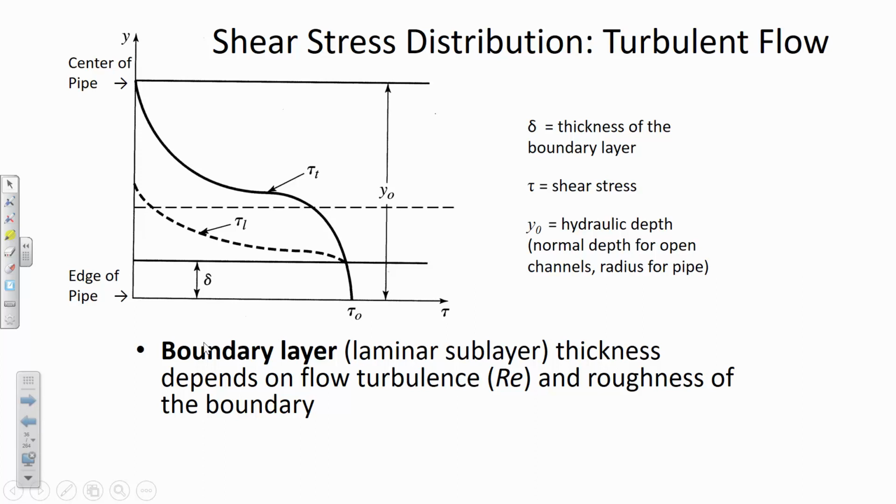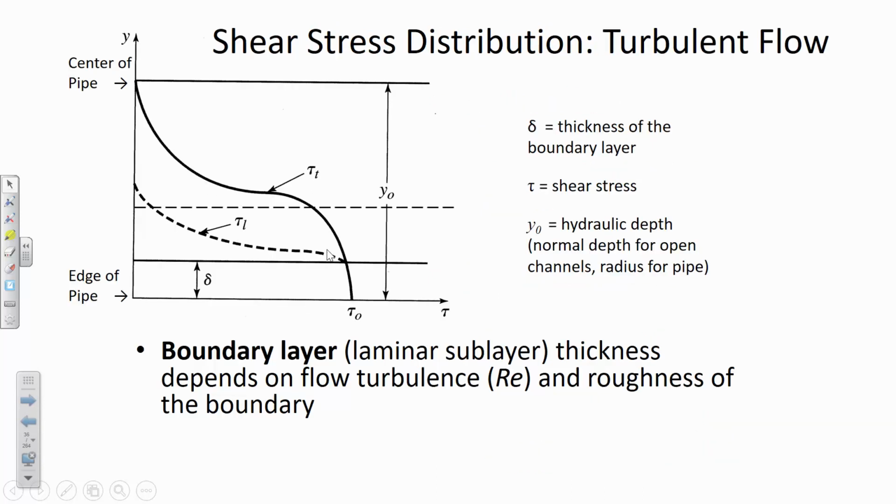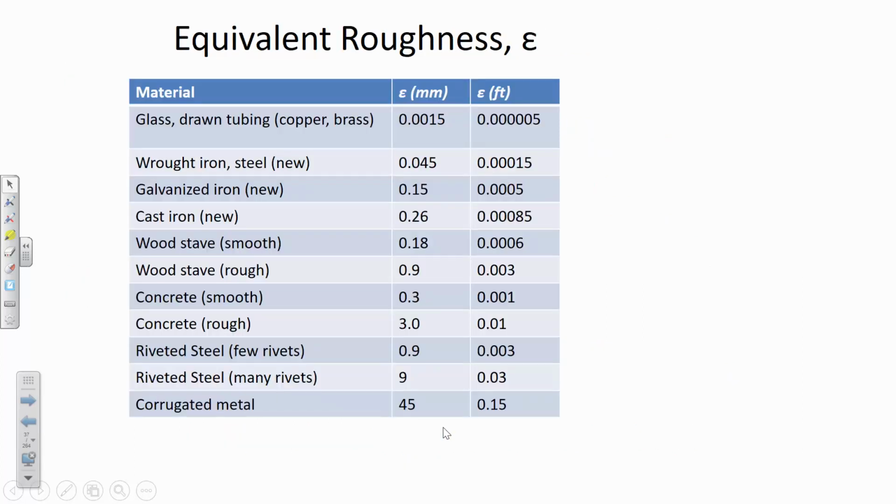And then when you get out of that boundary layer is where the flow conditions are with the Reynolds number above 4,000, so the turbulent. So this is kind of just another way of looking at the velocity distribution. The fast flow velocity is going to compress the boundary layer, where a slow velocity may have the effect of increasing the boundary layer depth.